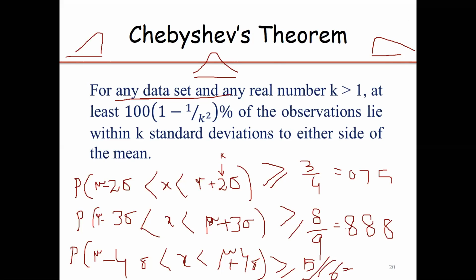So the Chebyshev theorem is defined for any shape of distribution, but it is not defined for k equal to 1. If I put mean minus 1 sigma and mean plus 1 sigma, the right-hand side becomes 1 minus 1 upon 1 square, that is 0. So k should be greater than 1 in the Chebyshev theorem.